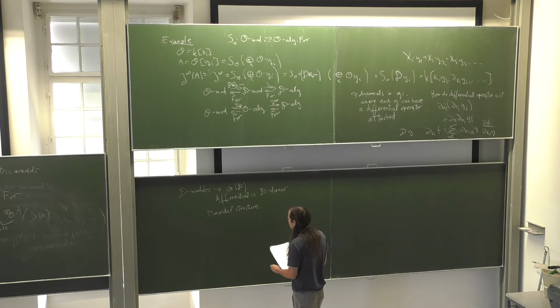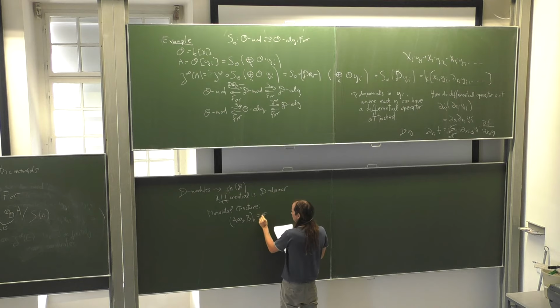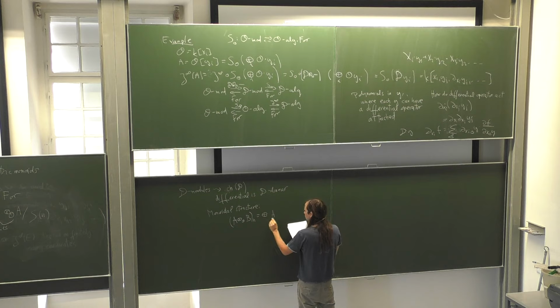I have the monoidal structure, which is the usual one for chain complexes. So (A tensor B)_n is equal to the direct sum of A_k tensor B_l, where k plus l equals n.